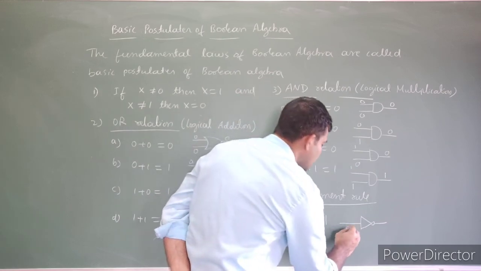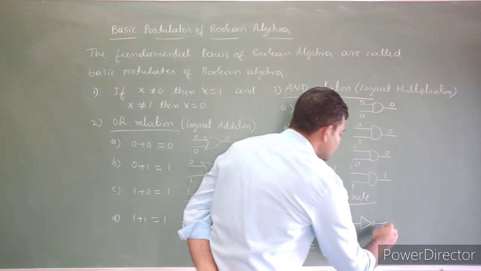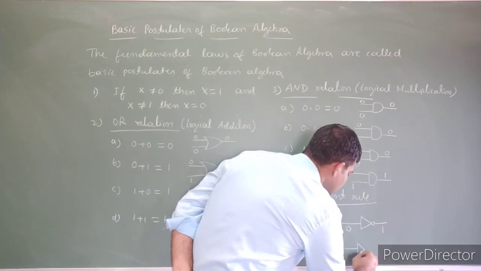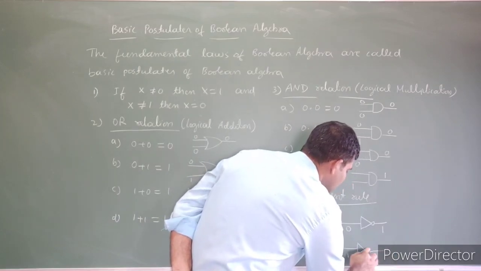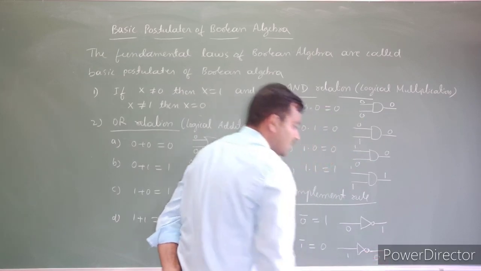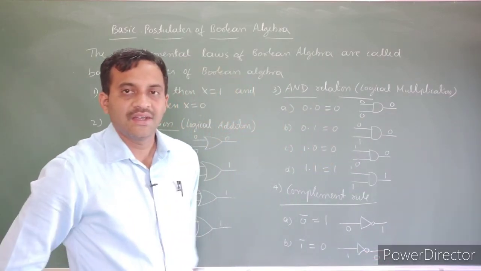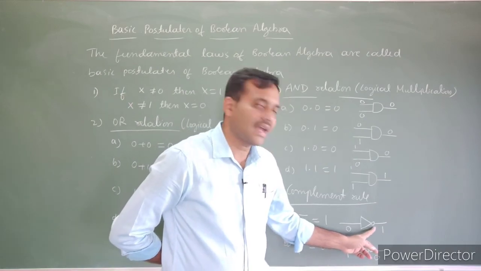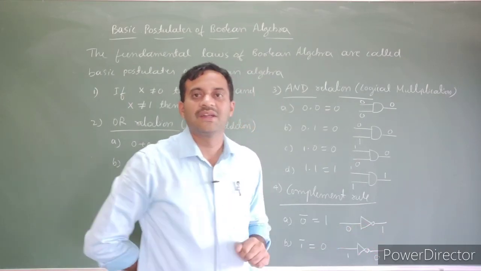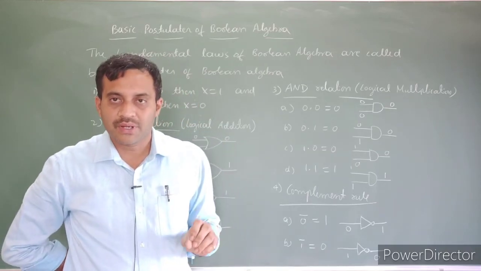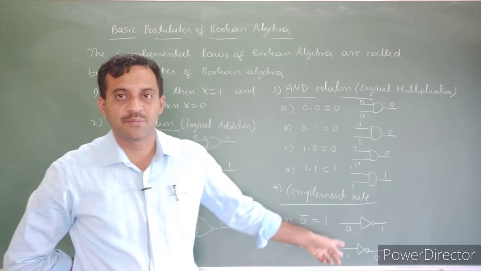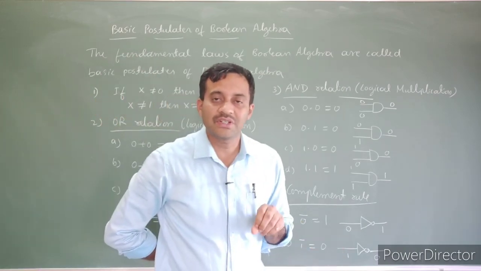If the input is 0 and it is complemented, the output is 1. If the input is 1 and it is complemented, then output is 0. See here, in a NOT gate, the output side has a bubble. That bubble is called the inverter bubble. That bubble complements the input signal.